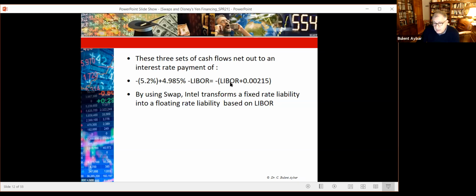That means that the effective cost for Intel is going to be LIBOR plus 21.5 basis points. So by using this structure, Intel effectively transforms its fixed rate liability, which was at 5.2%, into a floating rate liability that is indexed to LIBOR plus a markup of 21.5 basis points.